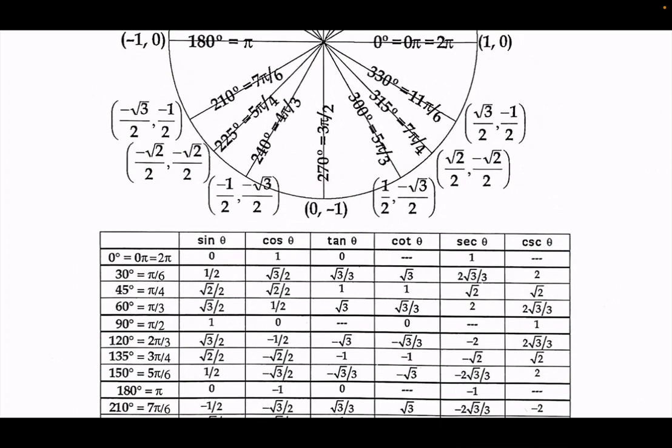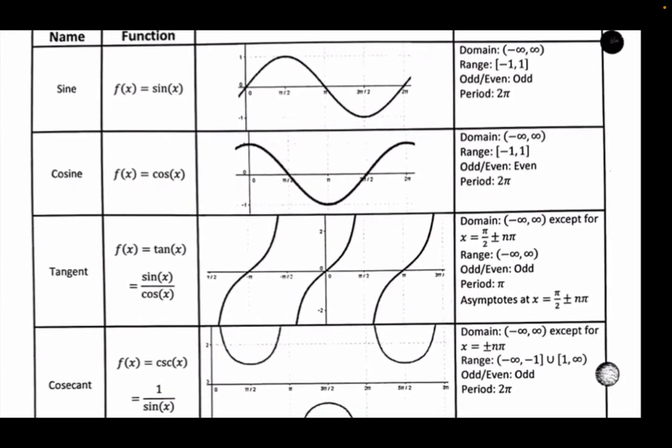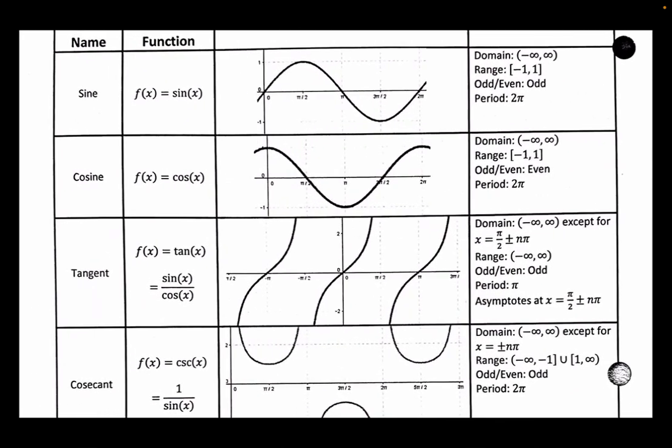So at tangent, it's got asymptotes at negative pi over 2, positive pi over 2. Sine and cosine don't have any asymptotes because they just go on forever. Okay?